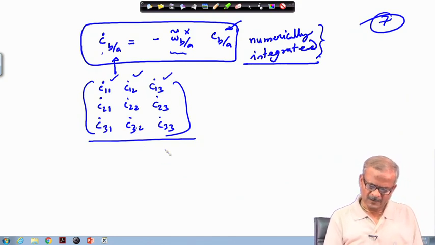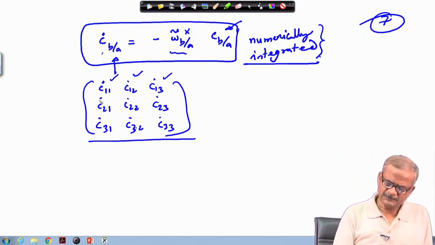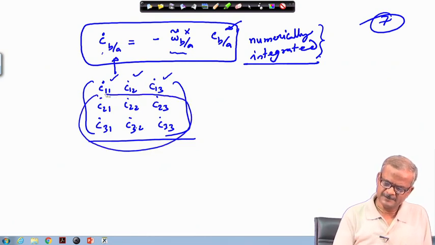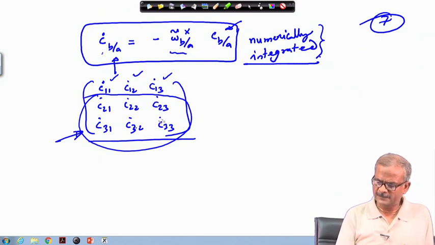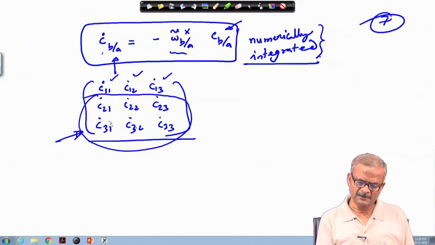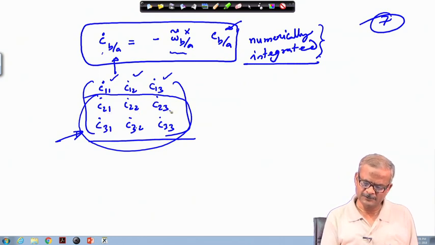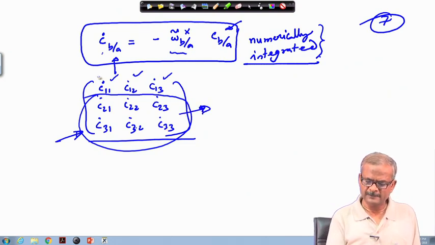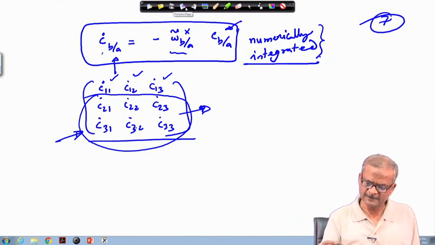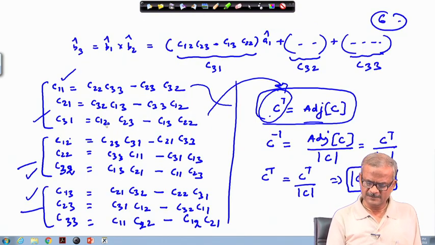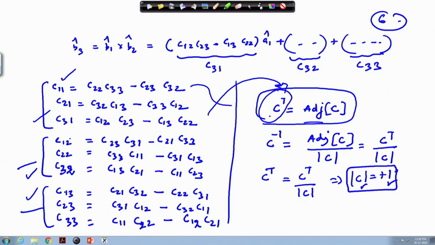Now, it so happens that if you have determined these 6, the updated values, if you integrate for these 6, you get the updated values of C21, C22, C23, C31, C32 and C33. If these 6 are available, it is not required that you again integrate these 3 also. Rather, you can just use this relationship, because these are the updated values now.